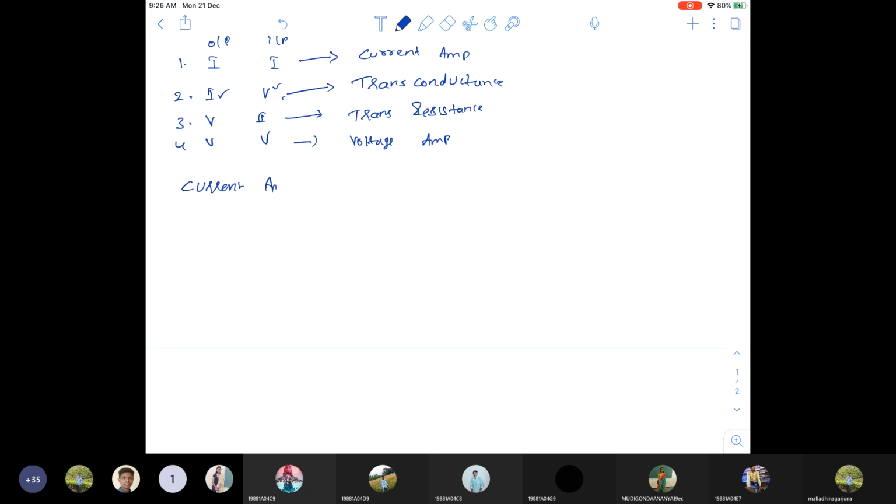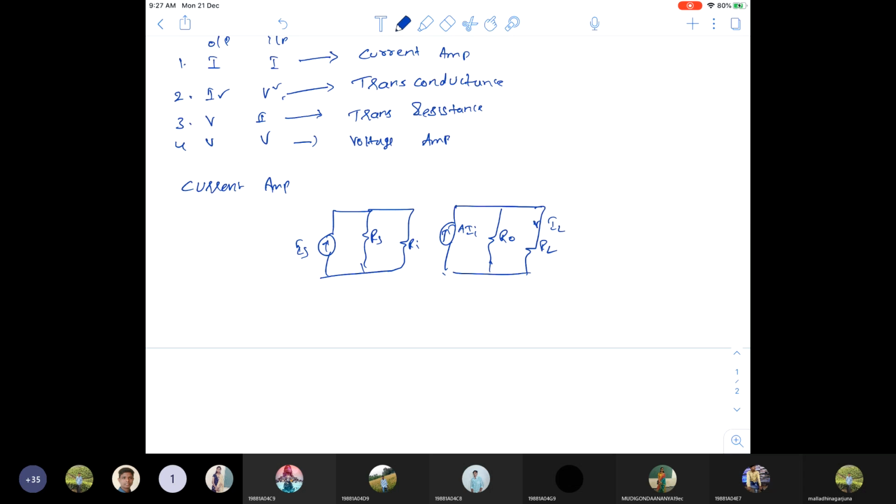So for the current amplifier, this is IS. This is A into IL, R naught, RL, and this is RS, this is IS, and this is IA, the load current. If you compare these, this is the IA current.